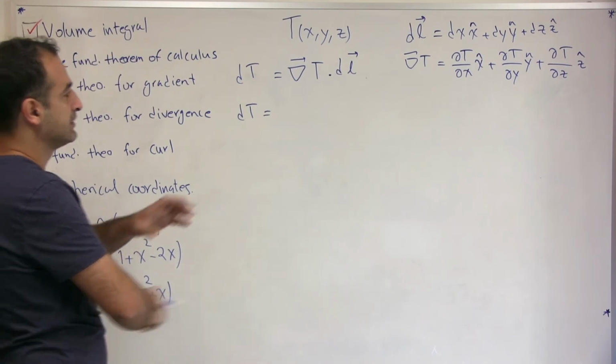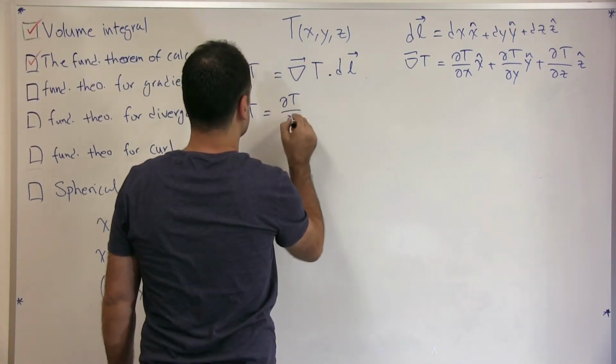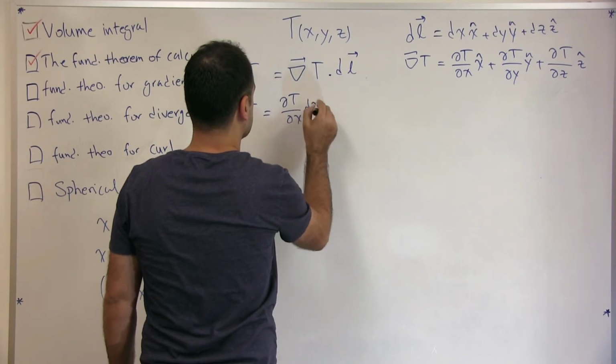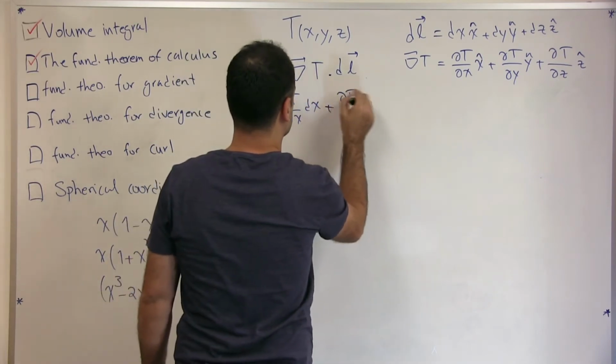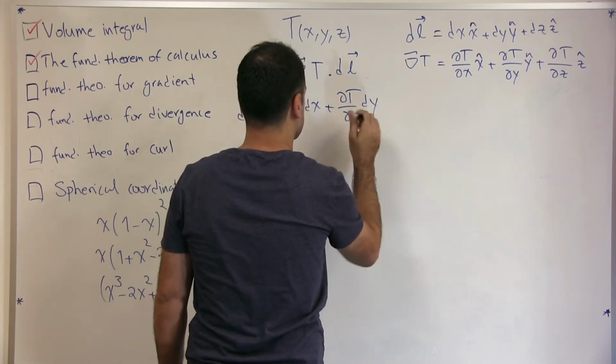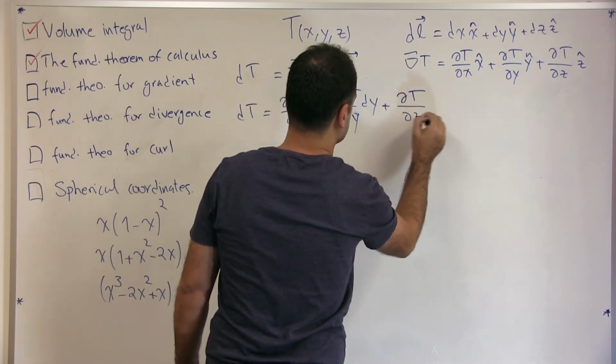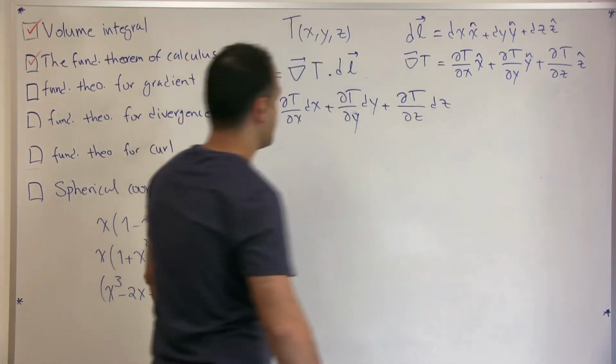The dot product of these is partial T over partial x dx, plus partial T over partial y dy, plus partial T over partial z dz.